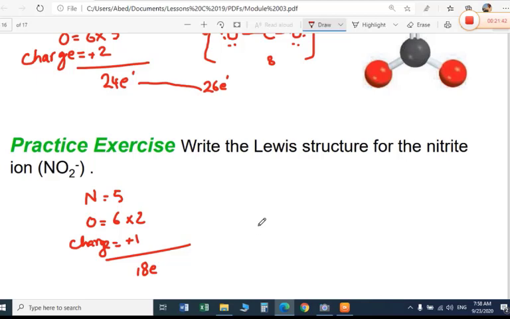So let me write nitrogen in the center and connected with the oxygen, and on the left again connected with oxygen because 2 oxygen atoms are there. Okay, then give the octet.